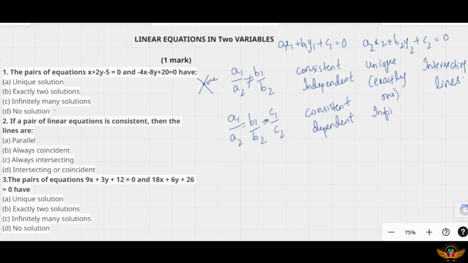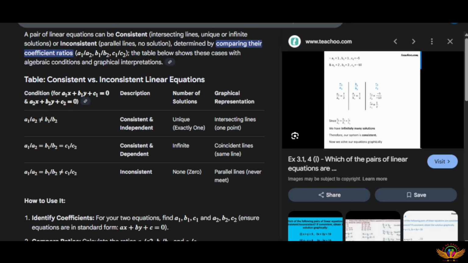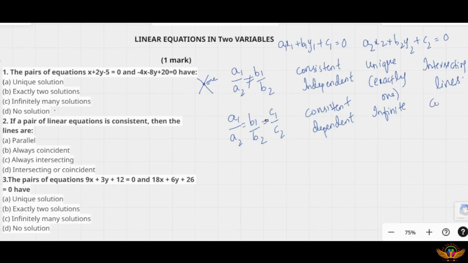Hence, we have an infinite number of solutions here. When there are infinite solutions, we say it has coincident lines. What is the meaning of coincident lines? They pass through the same line. If this is the first equation's line, automatically the second equation also will be on the same line.